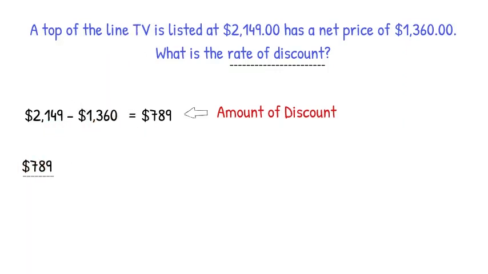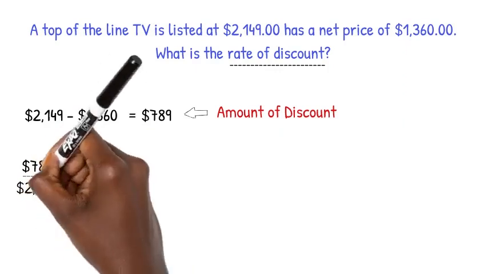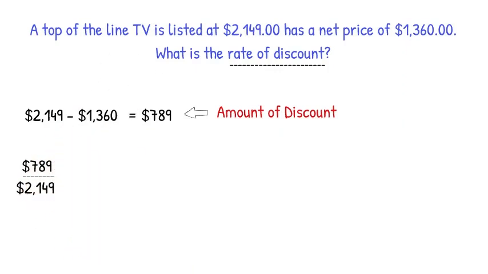$789 discount over a total amount of $2,149, to express this as a fraction of 789 out of 2,149. That tells us that we can divide, which means we will get a quotient of 0.3671448.